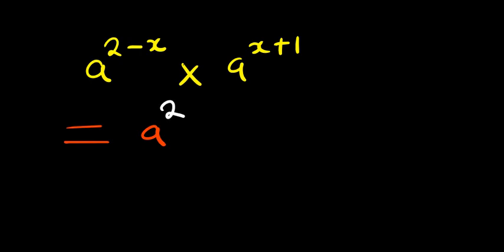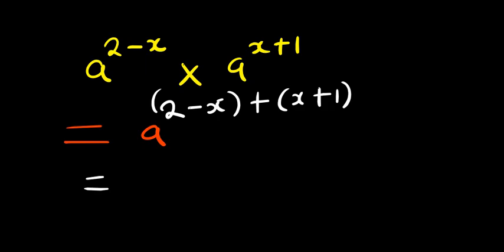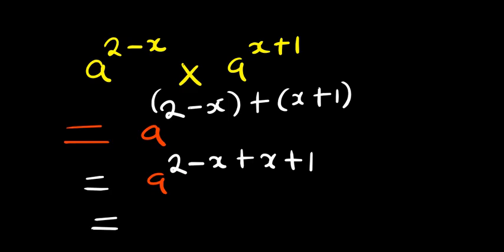So I've got 2 minus x, I'm adding it to x plus 1. What am I now going to have? I'm going to have a, then to the powers I'm going to just add. So I've got 2 minus x plus 1. Then what am I now going to have? I'm now going to add the powers.